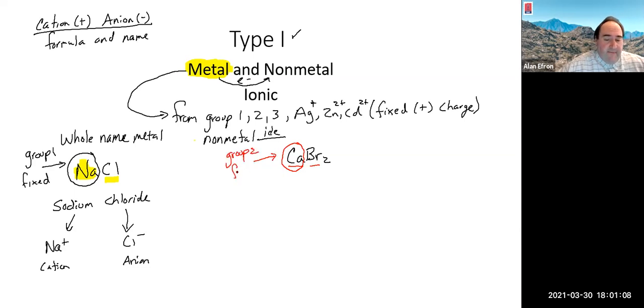It means it has a fixed charge. That means, again, it's going to be type 1, which means I proceed to the whole name of it, which is calcium. Second guy, which is our non-metal here, is going to become bromide. So this would be calcium bromide if you follow those.